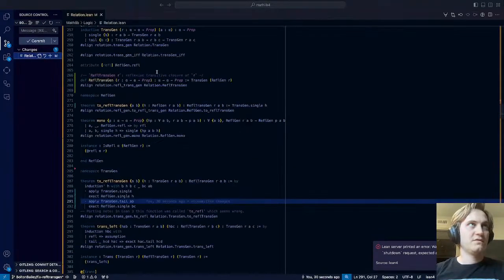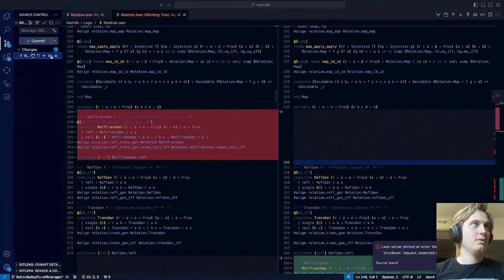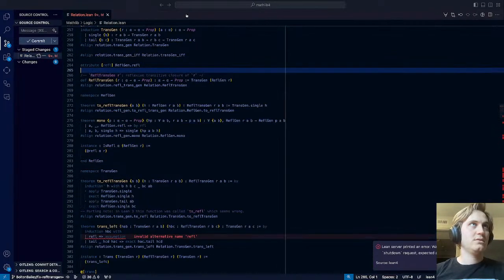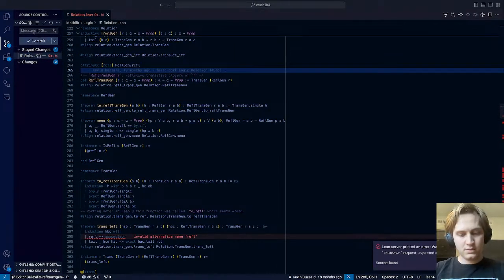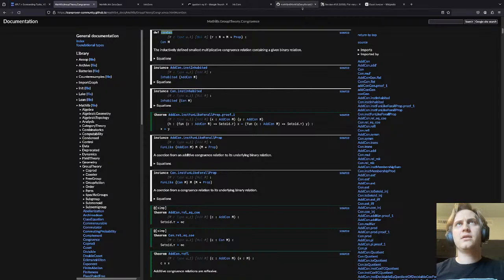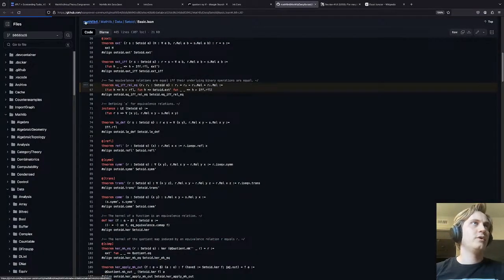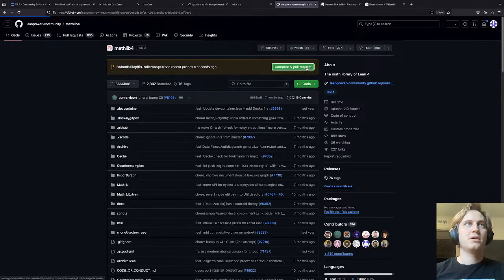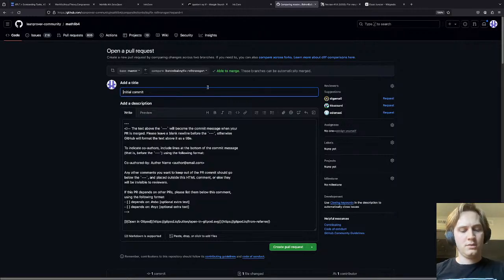I'll go to this file so that the file is open. I will commit this, push that branch, now return here, and I can go to the top level, compare and pull request.